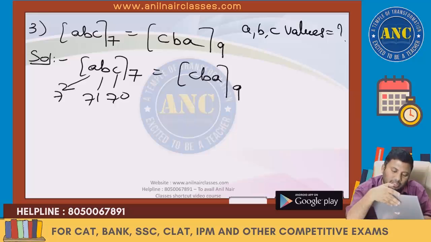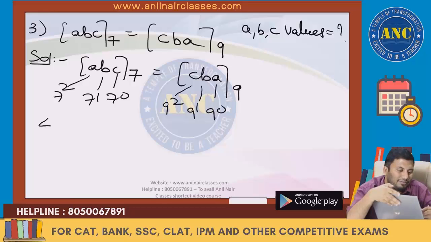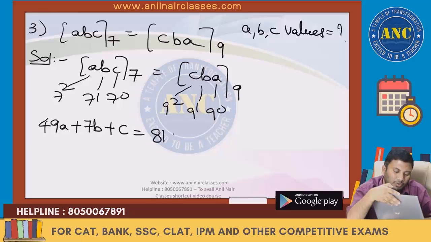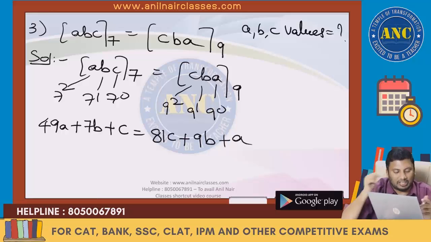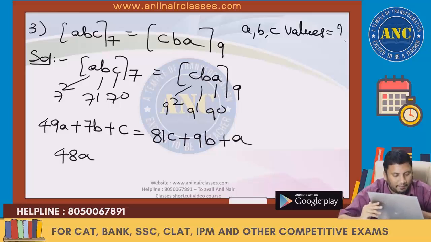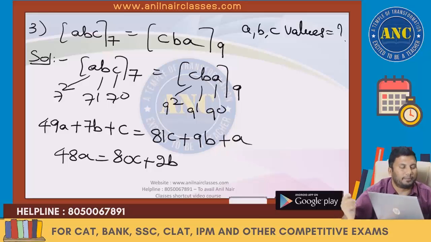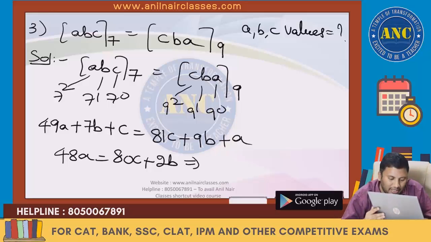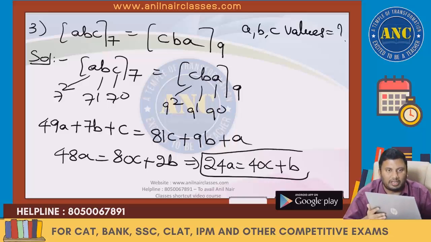CBA in base system 9: 9 power 0, 9 power 1, 9 power 2. 49A plus 7B plus C equivalent to 81C plus 9B plus A. 49A minus A is 48A, equivalent to 81C minus C, 80C, plus 9B minus 7B, which is 2B. Simplifying further by 2, 24A equivalent to 40C plus B.